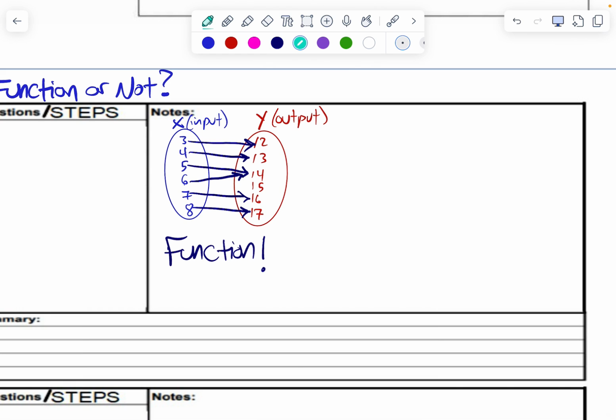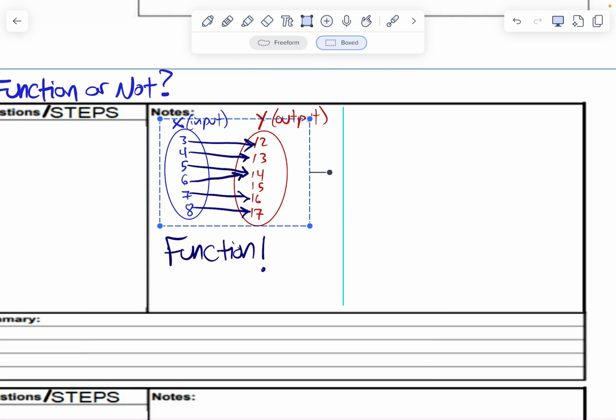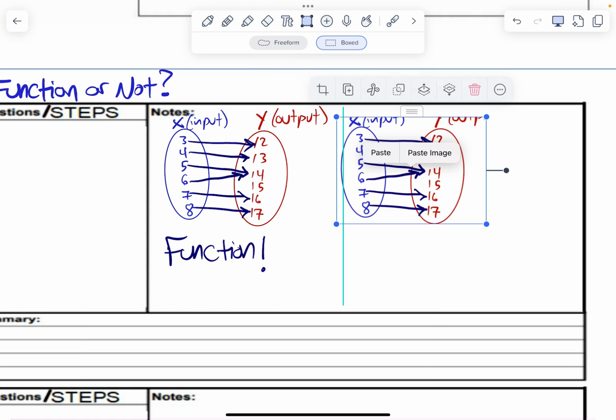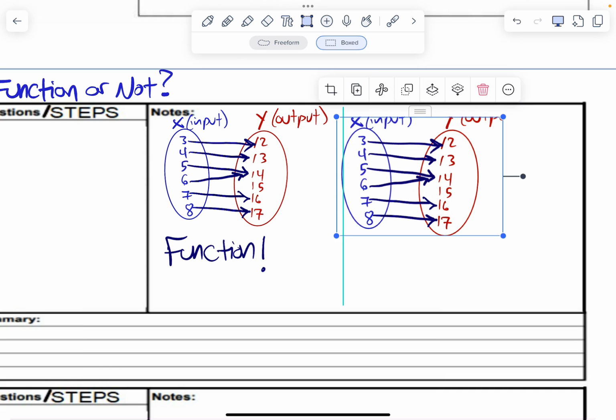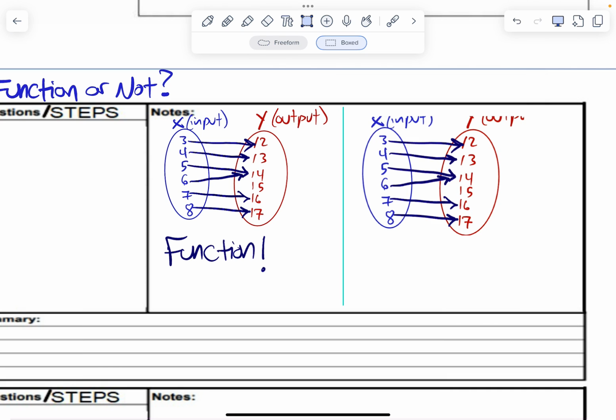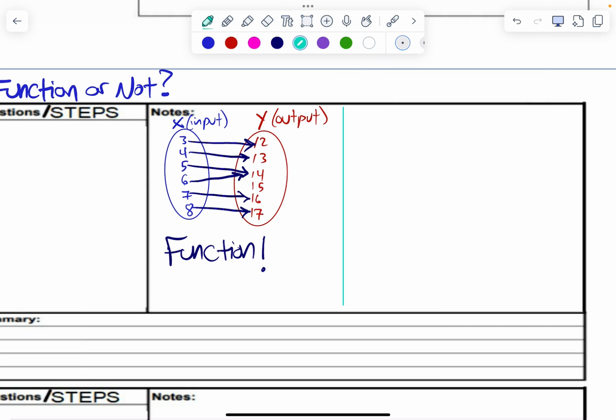Now we're going to make a section of this that's not a function. I'm going to give you time. I don't know if I can actually do that. Never mind. So let's just do it together. Do the same box over here. Same ovals.